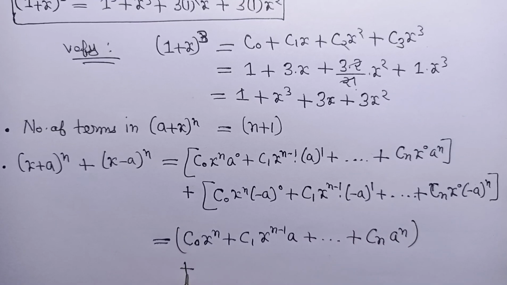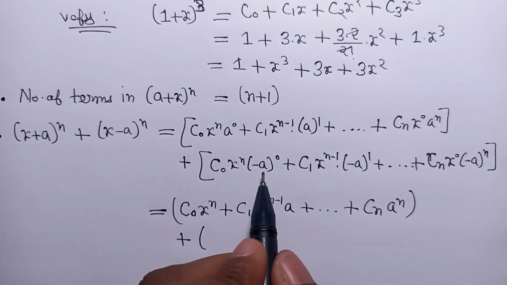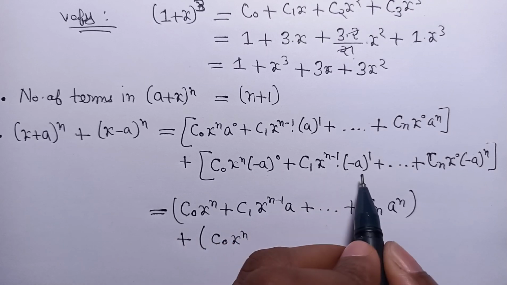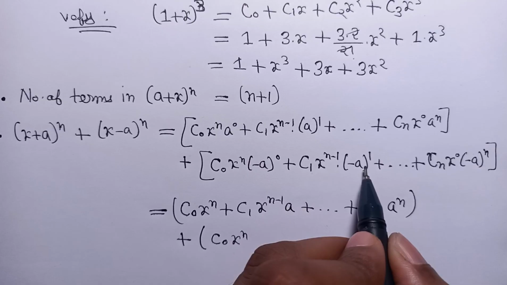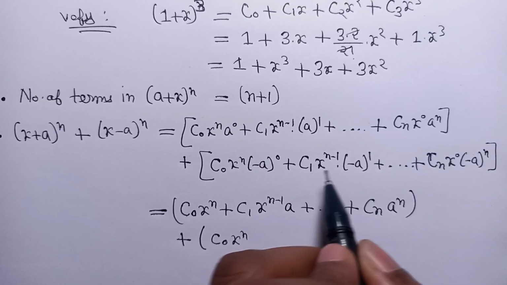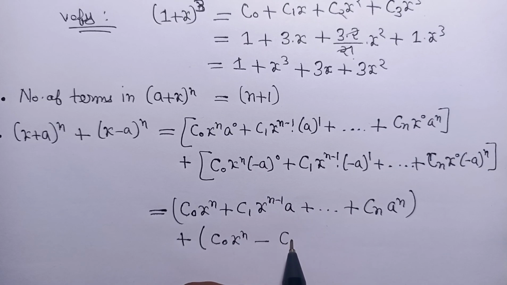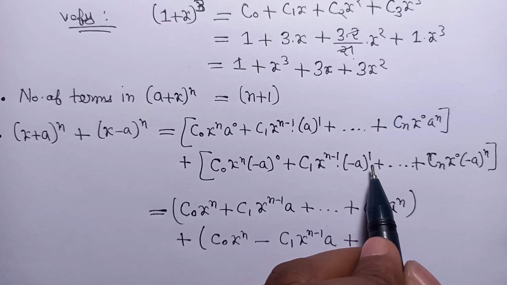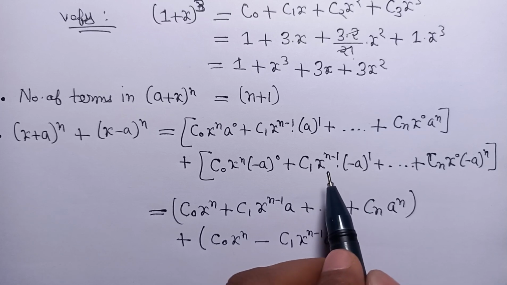Okay, and plus C, this is (minus a)^0, so this is only 1, so you should write C0 x^n, and C1 with (minus a)^1, so minus sign will come out, so you should write minus of C1 x^(n minus 1) into a plus, because when minus a has power even, the minus sign will cancel out, and when minus a has power odd, then minus sign will be there.